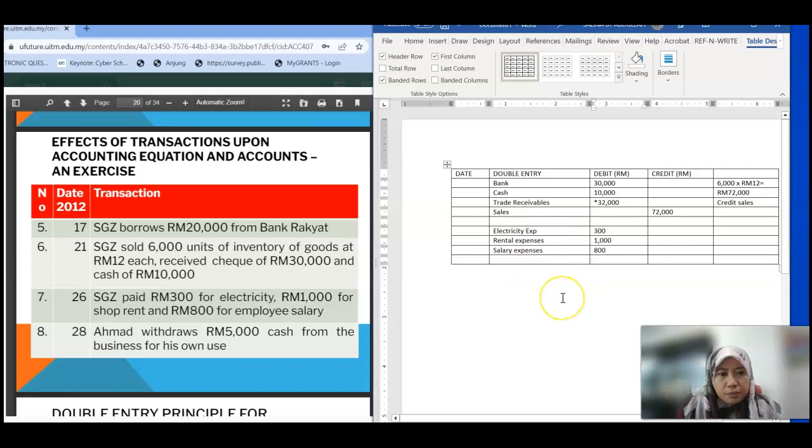So you debit all these expense accounts. As I mentioned, since the question is silent, we assume the amount is paid by cash, so you credit cash. The credit will be the total of all the three transactions, which is 2,100.